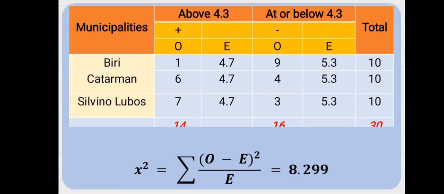So, next na po, 6 minus 4.7 squared divided by 4.7 plus 7 minus 4.7 squared divided by 4.7, then plus 9 minus 5.3 squared divided by 5.3 plus 4 minus 5.3 squared divided by 5.3 plus 3 minus 5.3 squared divided by 5.3.